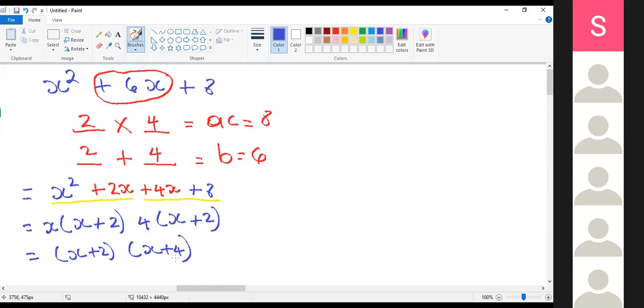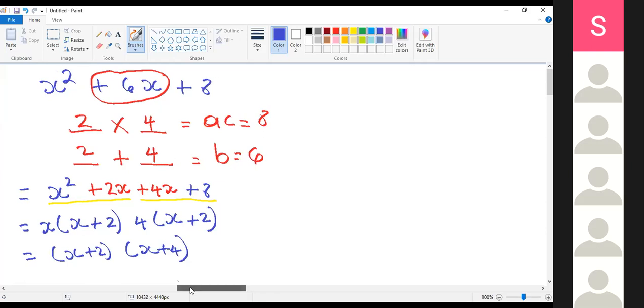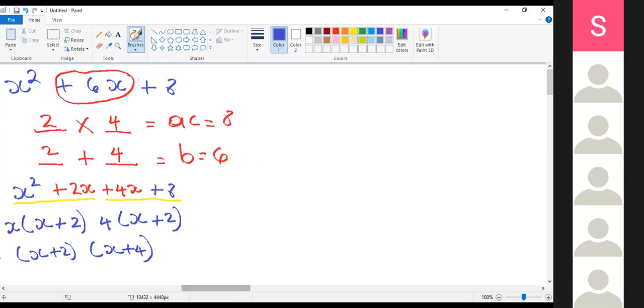All right, so we're going to attempt the next question now, which is x squared plus 9x plus 8, right? So I like to put my little thing down here.